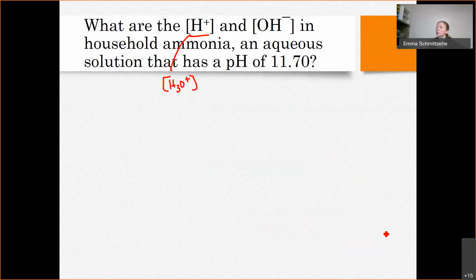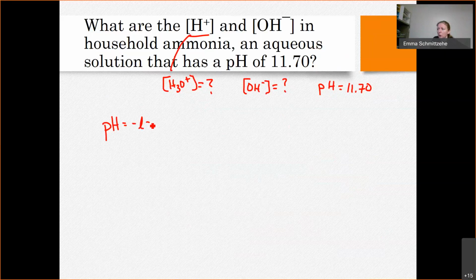So I want to know H3O plus, and I want to know OH minus, and my solution has a pH of 11.70. So I have pH, I should be able to quantify each of those from that, okay? And so first off, you have your equation pH equals negative log of H3O plus, right?